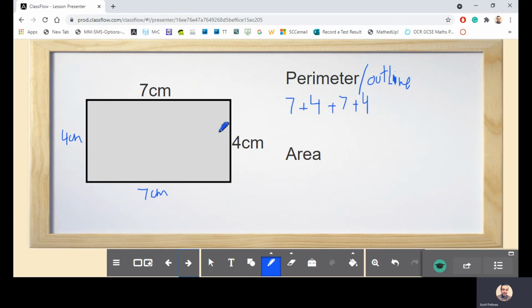We add all the sides together. 7 plus 4 plus 7 plus 4. So 11 plus 11 is 22. And this would just be centimeters.